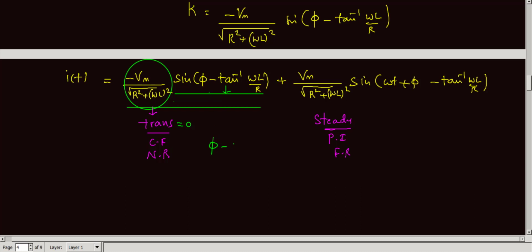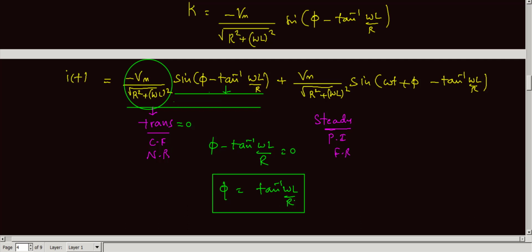That is phi minus tan inverse omega L by R equal to 0, so phi equals tan inverse of omega L by R. So the AC transient free condition is obtained when phi equals tan inverse of omega L by R. I am not going in depth here.